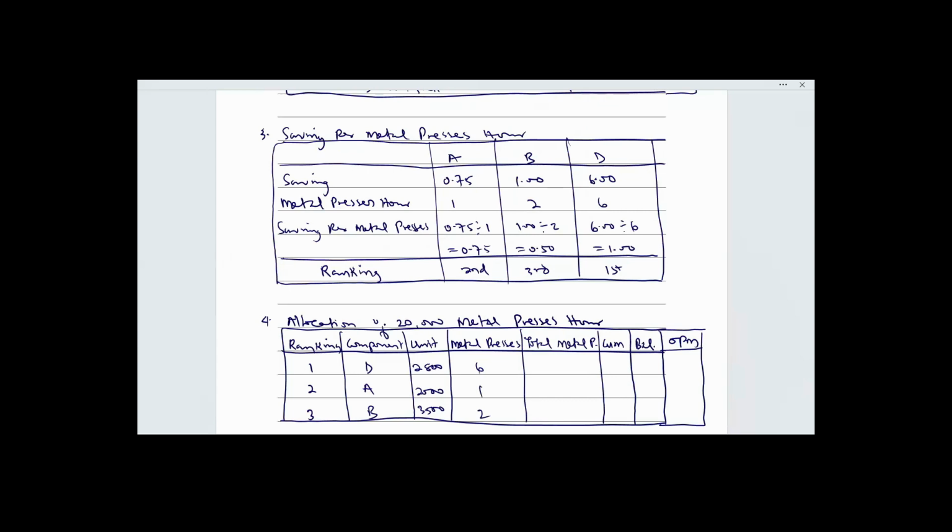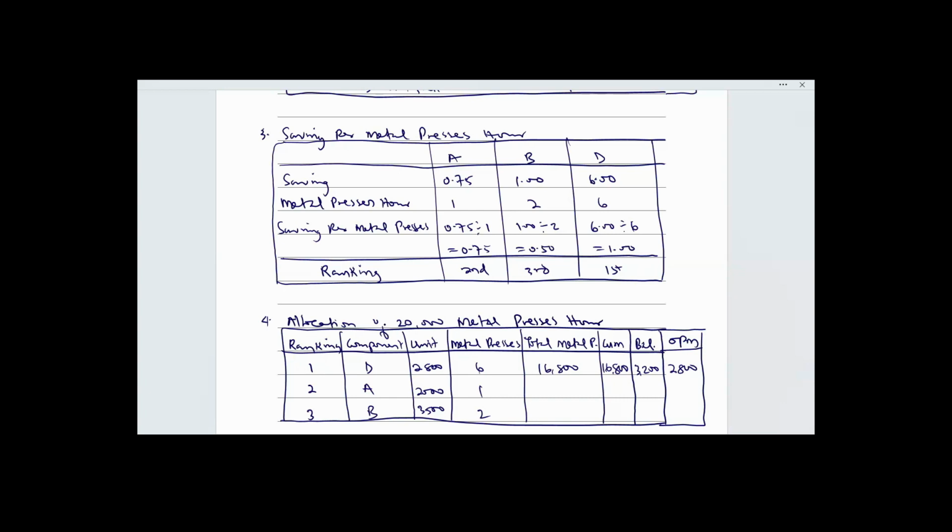Therefore, we want to allocate 20,000 hours. So 2,800 multiplied by 6, we got 16,800. 20,000 minus 16,800, what do you get as balance? That's 3,200.